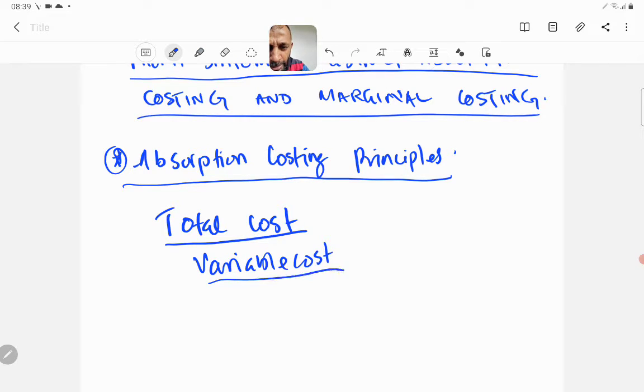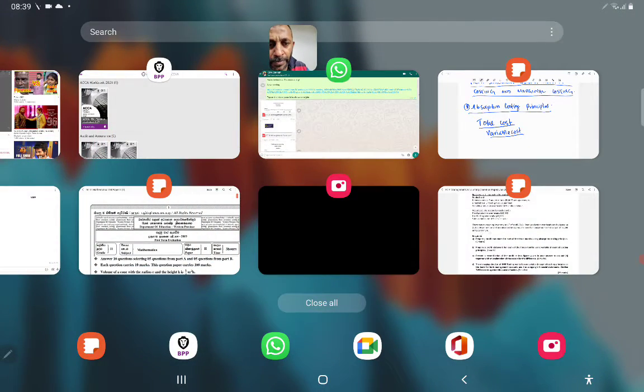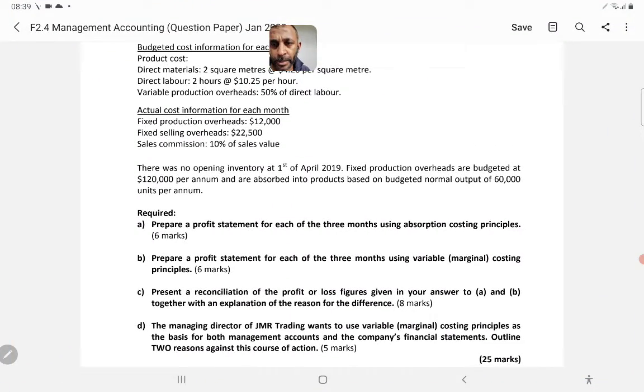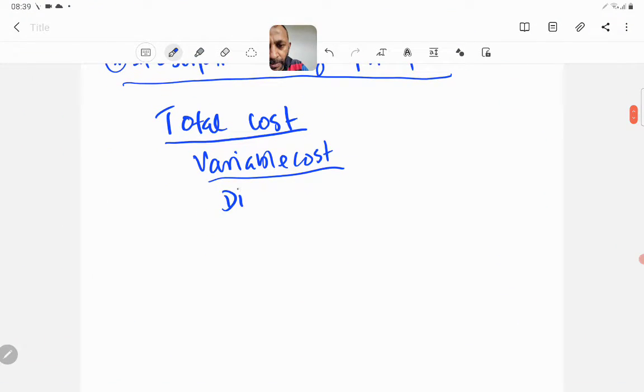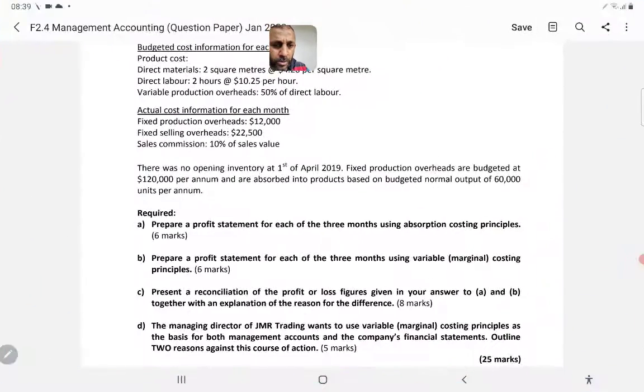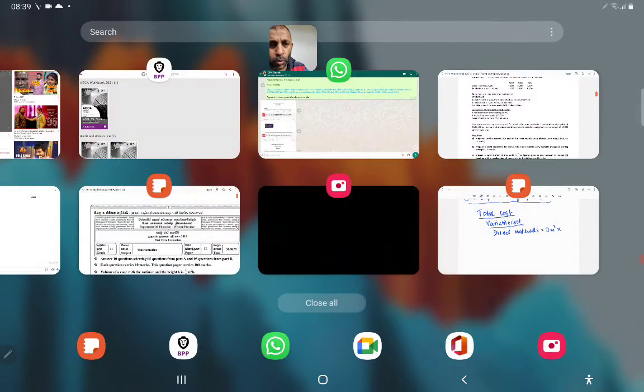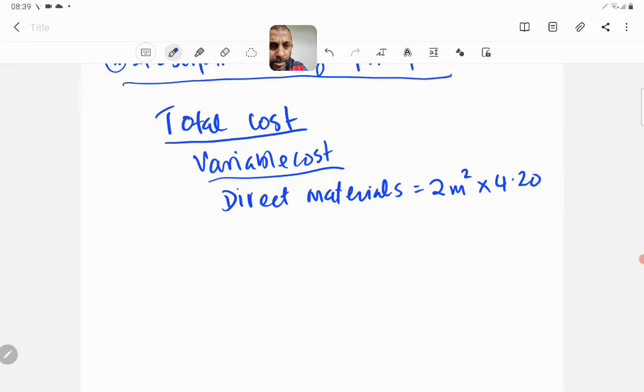The question has clearly given some variable costs. Direct materials: 2 square meters into $4.2, so that will be 8.40.